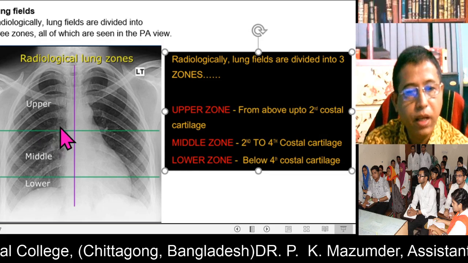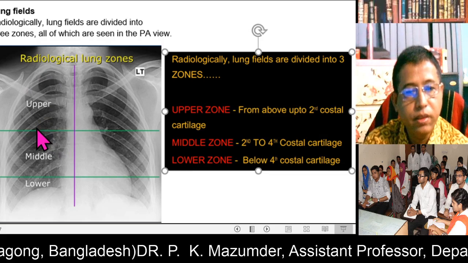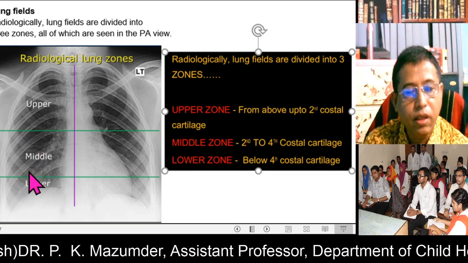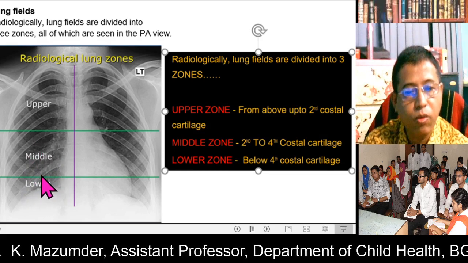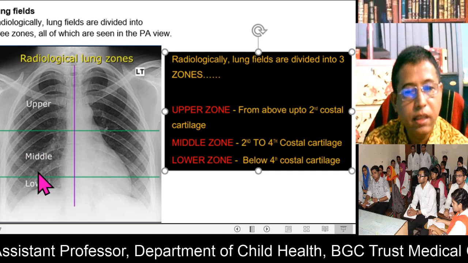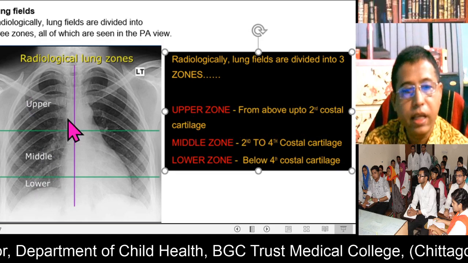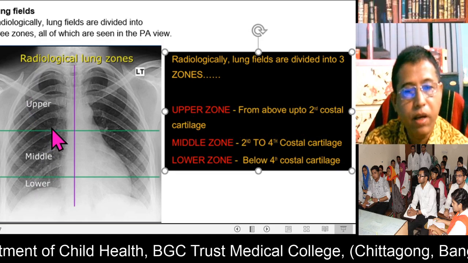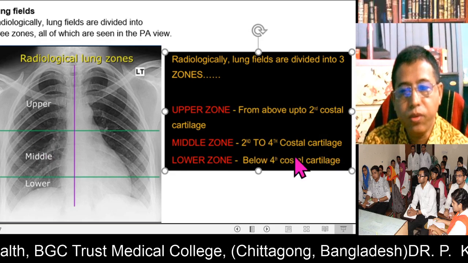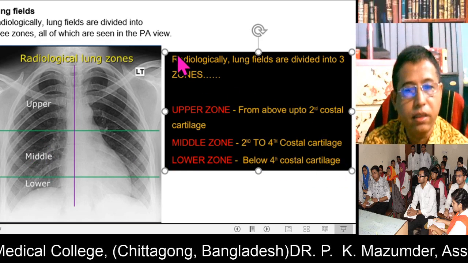So above the second costal cartilage is the upper zone, the middle zone is from the second to the fourth costal cartilage, and below the fourth costal cartilage is the lower zone.